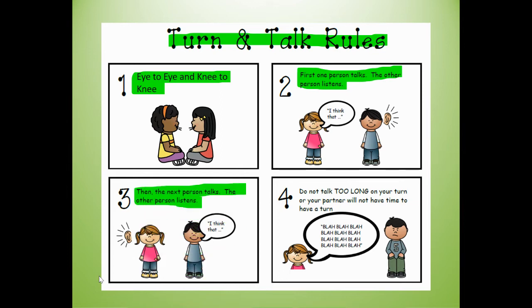Number 3, then the next person talks, the other person listens. Number 4, do not talk too long on your turn, or your partner will not have time to have a turn. And if you're watching this from home, you can always push pause, finish your talking with your partner, and then resume the lesson by pressing play.